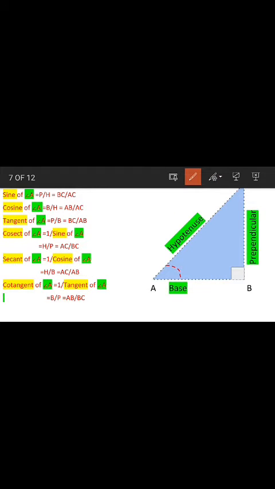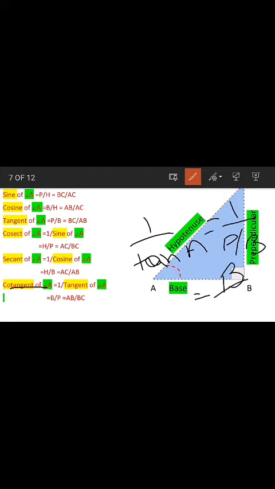Now class, moving to the last trigonometric ratio, cotangent of angle A, which is also the reciprocal of tangent of angle A class. That's why I am saying that if you understand the first three trigonometric ratios, the remaining will be an easy task for you class. Now class, cotangent of angle A is going to be 1 by tan of angle A. Okay class, that is going to be 1 by perpendicular upon base, that is going to be base upon perpendicular after reciprocal.